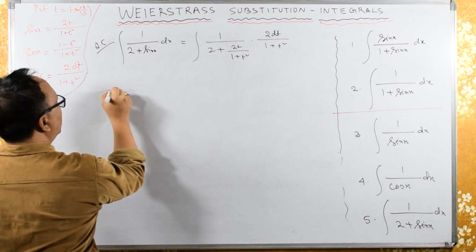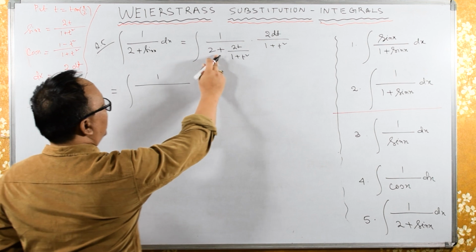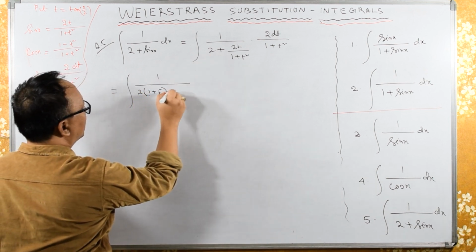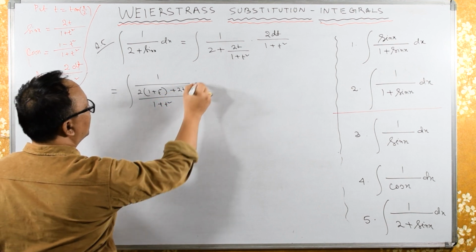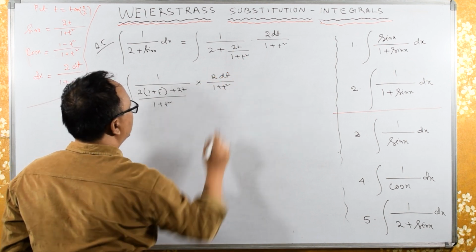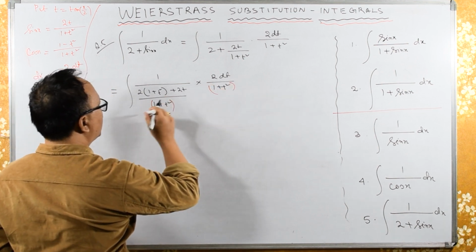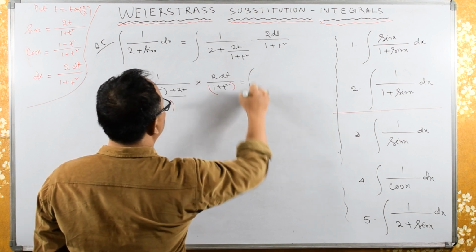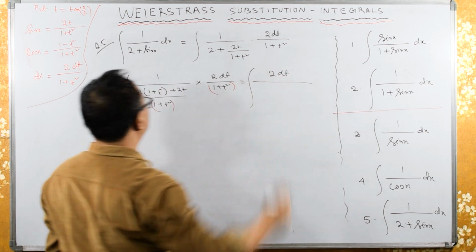Now take the LCM: 1 upon 2 into 1 plus t square plus twice t upon 1 plus t square, into 2 dt upon 1 plus t square. This 1 plus t square and 1 plus t square get cancelled, so what we'll have is the integral with 2 dt in the numerator.